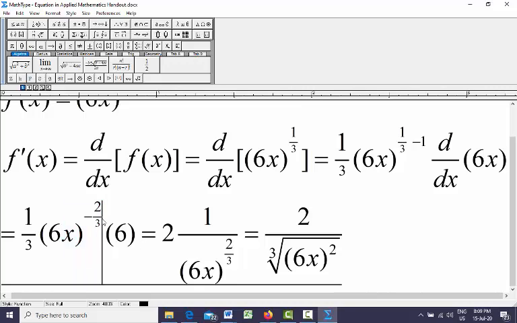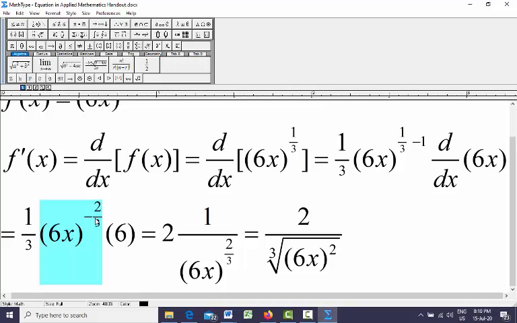So now as you can see, we have a minus in the power. The question is asking us to remove the minus from the power. The question is saying that you cannot leave a negative exponent or negative power in the answer. So you need to remove this minus from the power. And as you already know, to remove the minus from the power, you need to move the full part to the denominator.